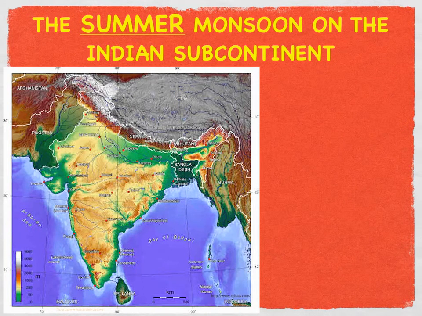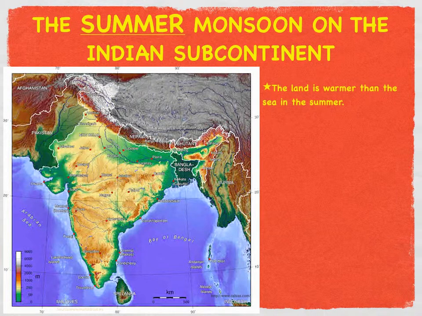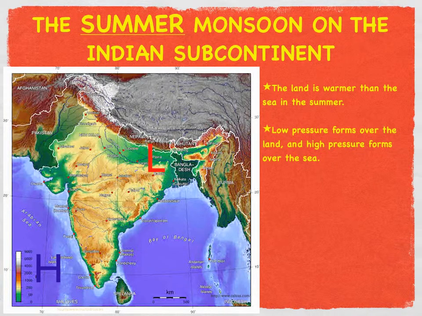The opposite happens during the summer monsoon. During the warm season, the land surface is much warmer than that of the surrounding bodies of water. This causes low pressure to form over the land and high pressure over the sea. Remember, air flows from high to low pressure, so air moves from the sea onshore to the land.